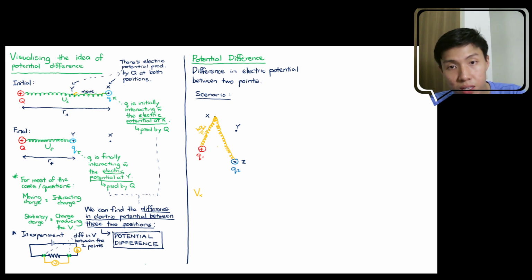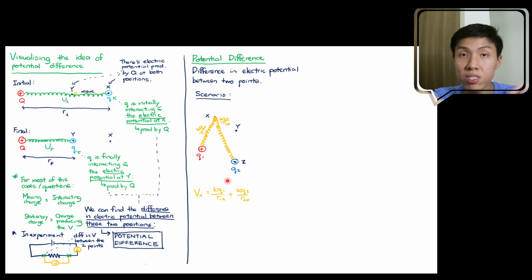Whereas this one is produced by Q2, so the distance is between Q2 and X. So we know that Vx can be found by adding up these two springs' electric potential: KQ1 over R1x plus KQ2 over R2x. There are two charges that produce it, I just need to add them up. Because there's no direction, I don't need to do x-axis, y-axis, x component, y component, Pythagoras, tangent, theta.